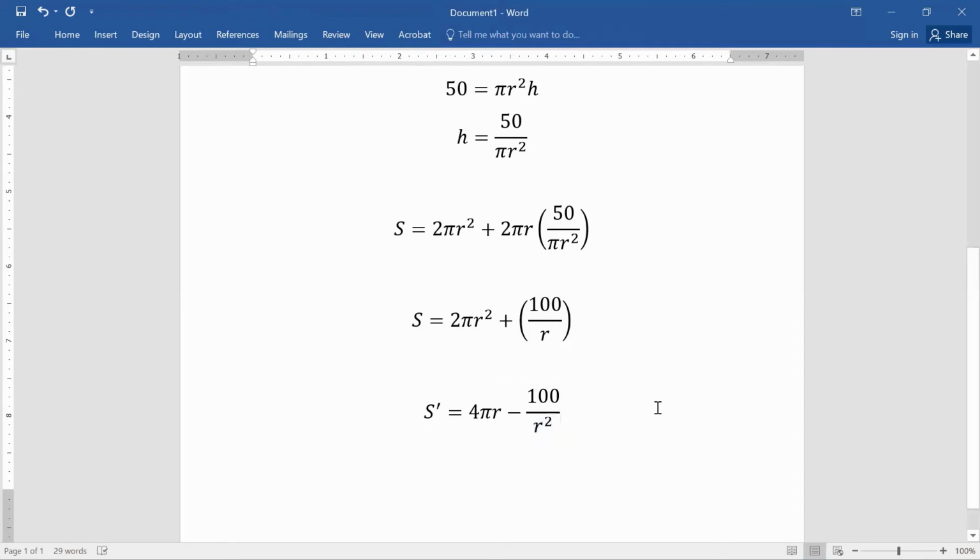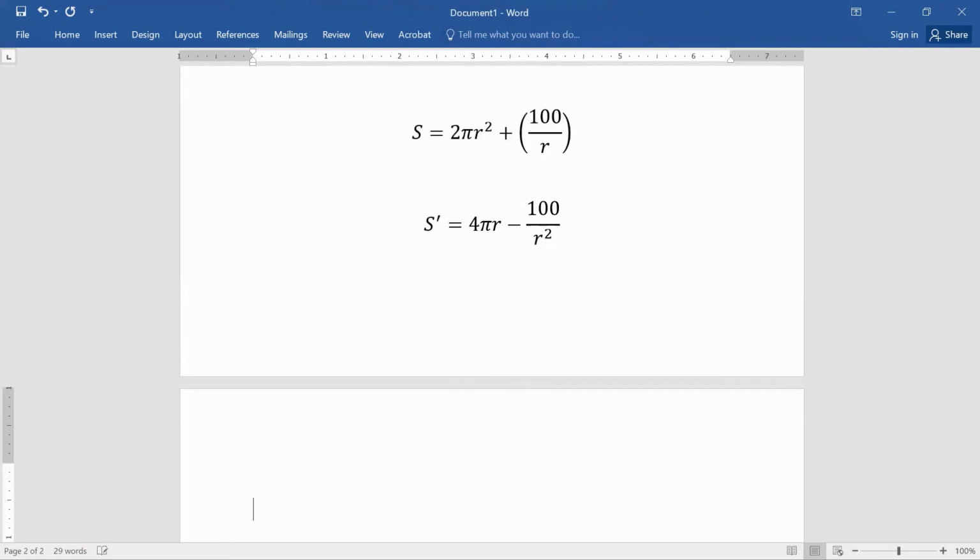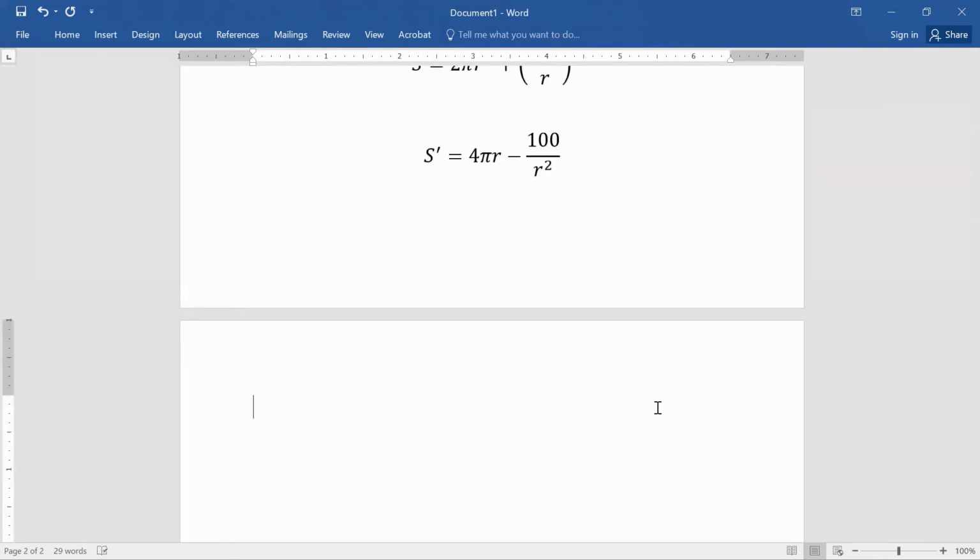Let's go ahead and set that equal to 0 and solve to find our critical values.